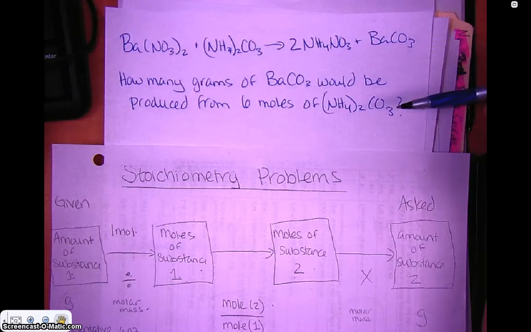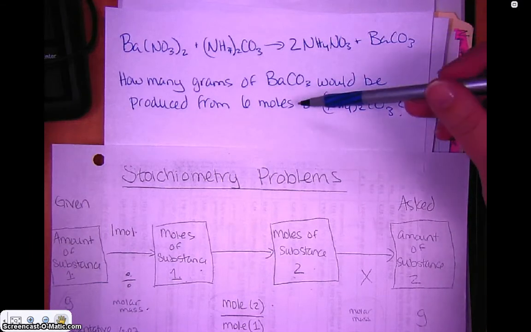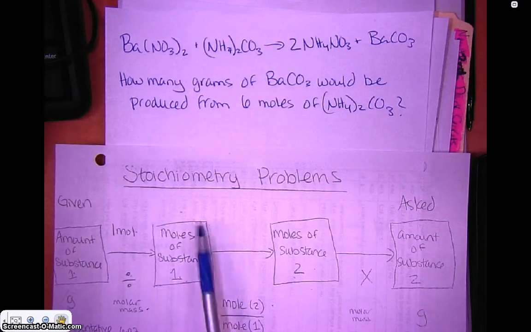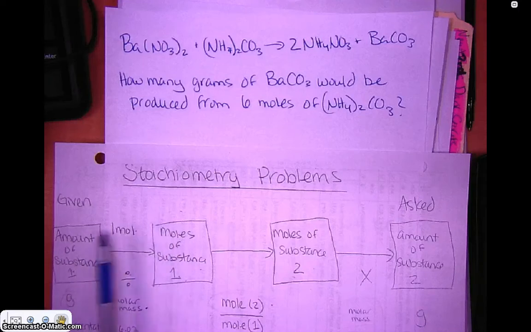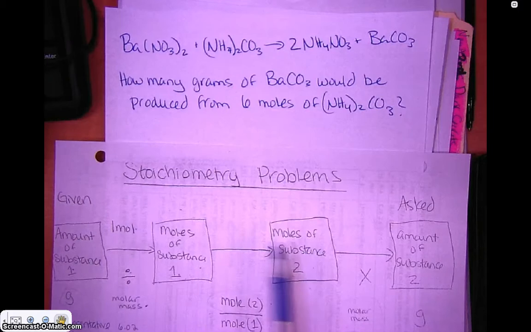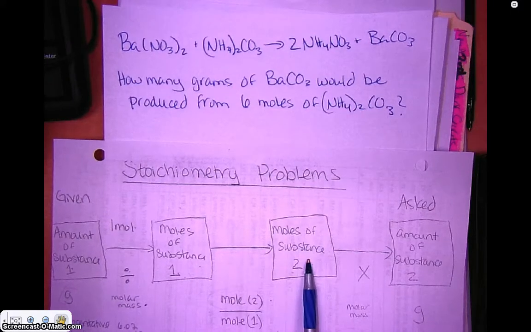I always start by writing the number I have first, the number that I'm given. I'm told that in moles, so I don't have to worry about this very first conversion. I'm just going to start with my first step, to go from moles of substance 1 to moles of what I'm asked to find.